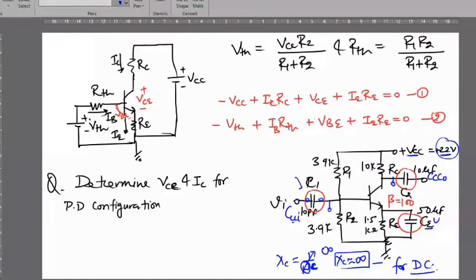If we apply some AC signal in this amplifier, this capacitor behaves as a filter, and selective frequencies will be passed at the input as well as at the output. Undesired frequencies will be blocked by this capacitor because it behaves as a filter. Is that clear to you?